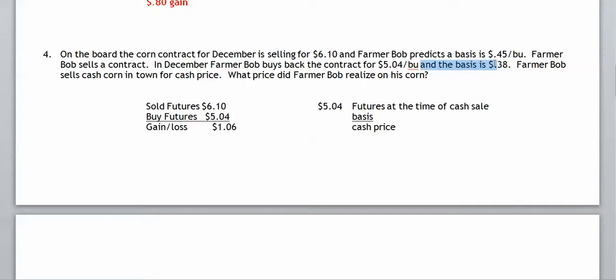Basis is 38 cents. So that means a cash price of $4.66. So what are we finding out is our realized price? $4.66 plus the gain of $1.06 equals $5.72.